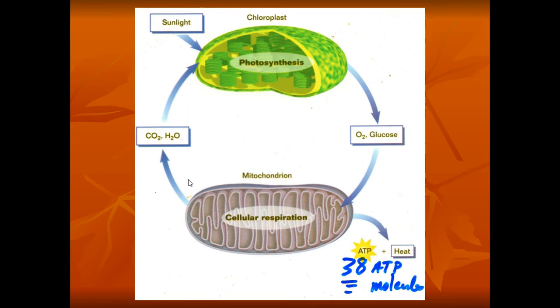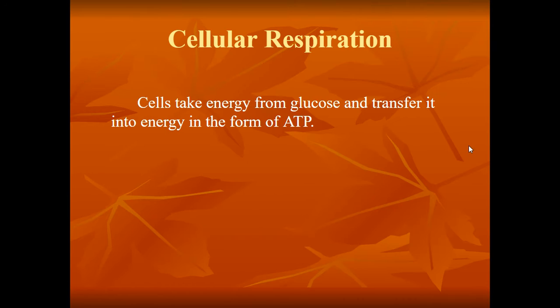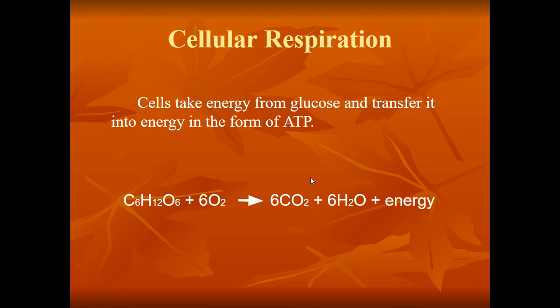This is really important for how our environment works and regulates itself, and how life has kind of done this dance to exist on this planet for so long. So that's the equation you have to memorize: sugar and oxygen makes CO2, water, and energy.